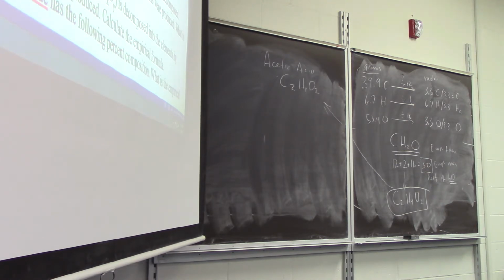Number 11 is a little bit more complicated. It's going to take a little bit more thinking. But this is a common way that we find formulas for things that can be combusted.